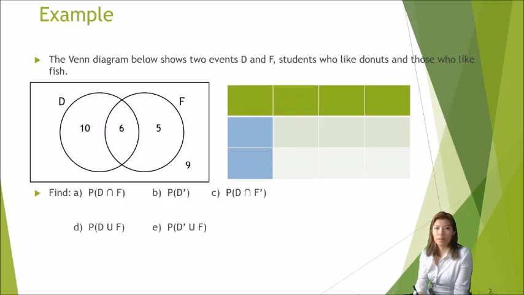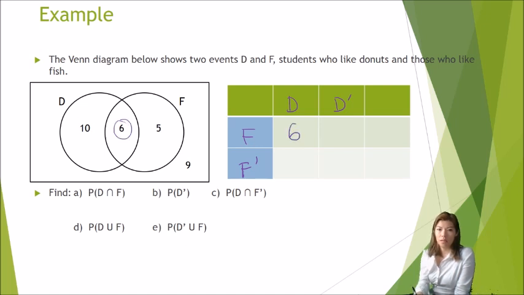The Venn diagram below shows two events: D, people that like donuts, and F, people that like fish. So we can put donuts, don't like donuts, fish, don't like fish over there. And now we can put the intersect of F and D in the middle. So the intersect of F and D is 6.